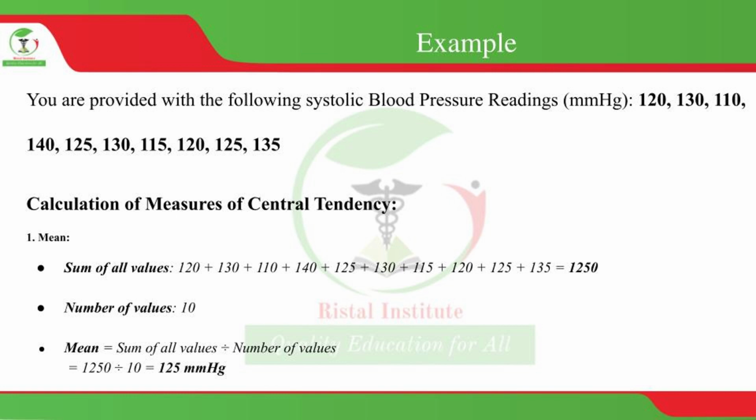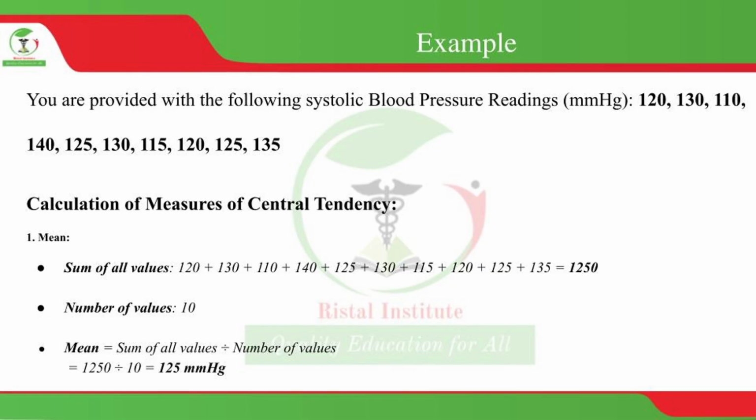So let's look at one example of how you can do the calculations for mean, median, and mode. So for the mean you add and then divide by the number of elements in there. So we have measurements of blood pressure, systolic blood pressure, in millimeters of mercury.